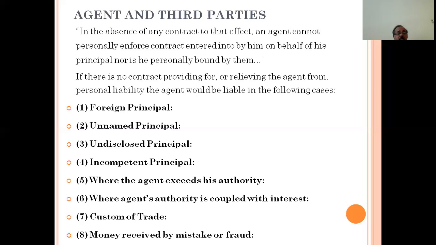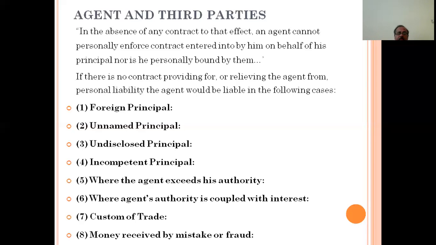Where the agent's authority is coupled with interest, in that case also the agent is responsible to the third parties. Then custom of trade. If there is a custom in that trade that the agent is directly responsible to the third parties, then we can say the agent is directly responsible.